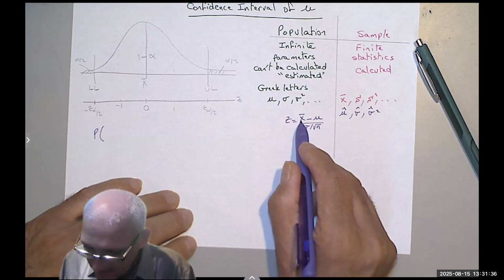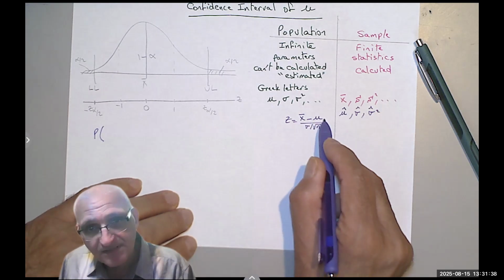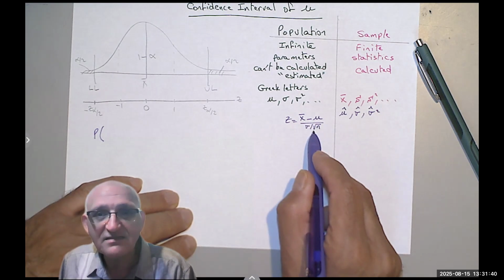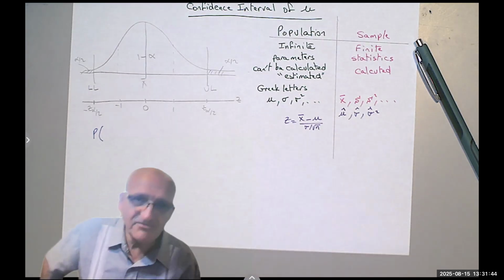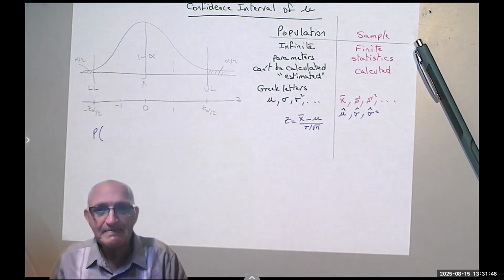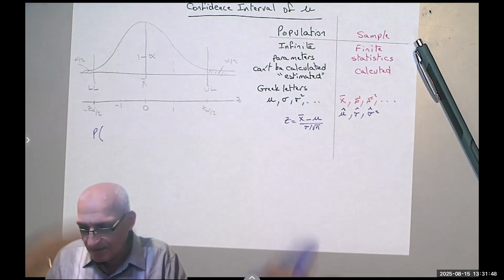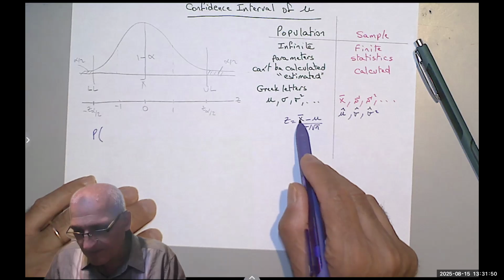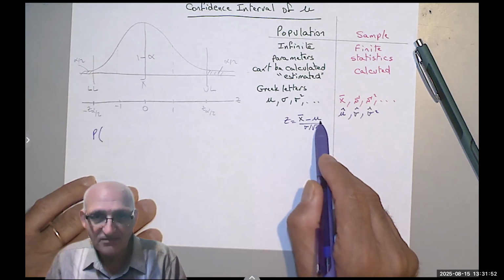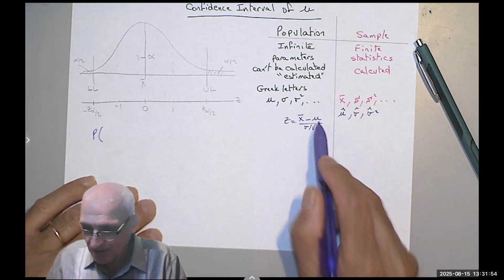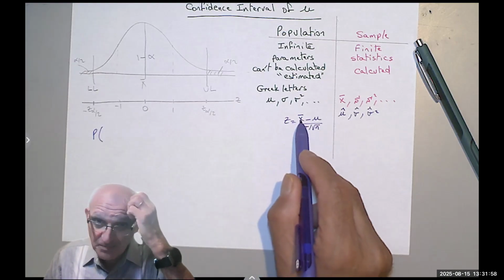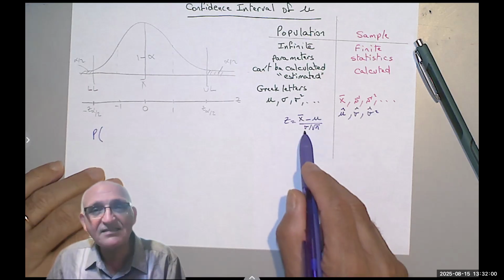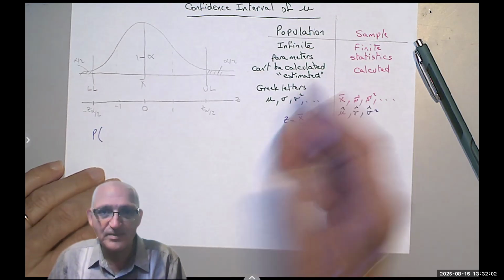The estimate minus the parameter divided by the standard error of the estimate, because the parameter doesn't have error. It's a single value. The mean of x bar is the expected value of x bar, which is mu. Sigma over root n is the standard deviation of x bar, which is the standard error of x bar.